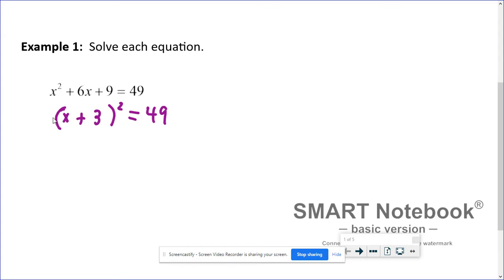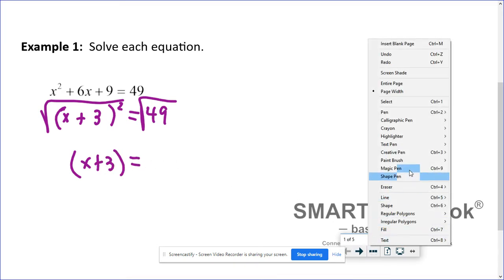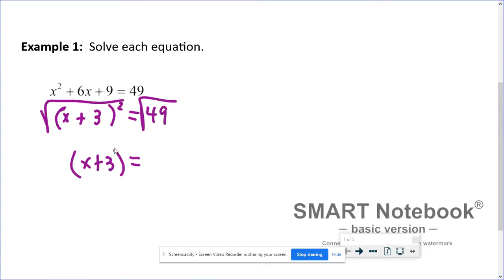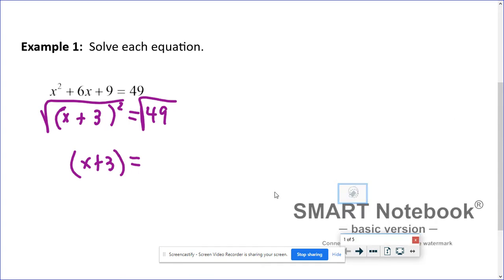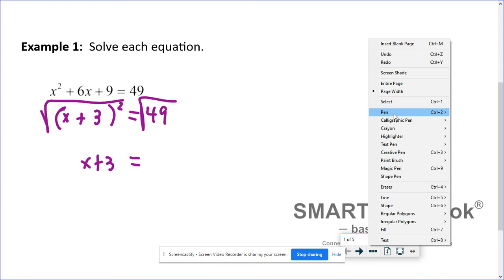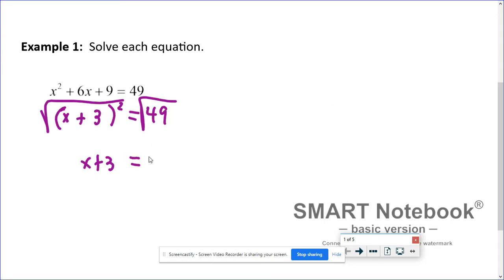What you can do with this is take a square root of both sides. The square root of (x plus 3) squared is x plus 3. You actually don't even need the parentheses anymore. That was just habit. And then on the right side, as we've talked about, when you're solving an equation, it's plus or minus the square root of 49, which is 7.